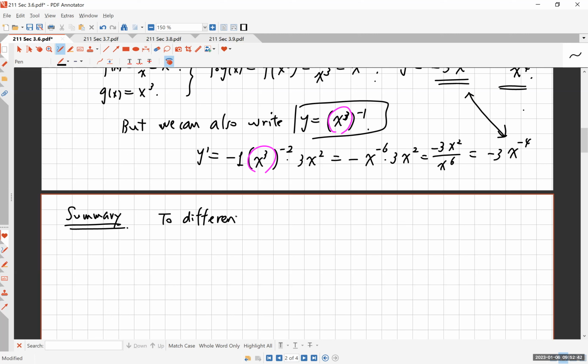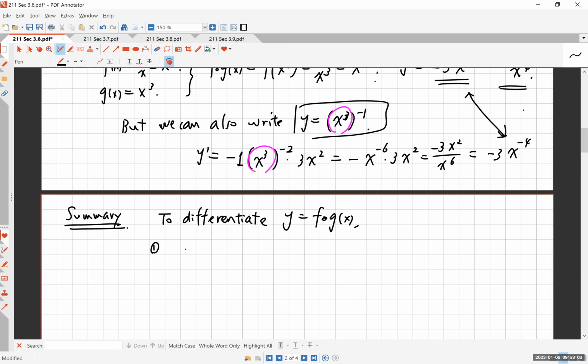All right, so to differentiate a composition of two functions, and by the way, if you have more than two functions to compose, then you apply the chain rule repeatedly. And again, it sounds terrible, but it's really not that bad.